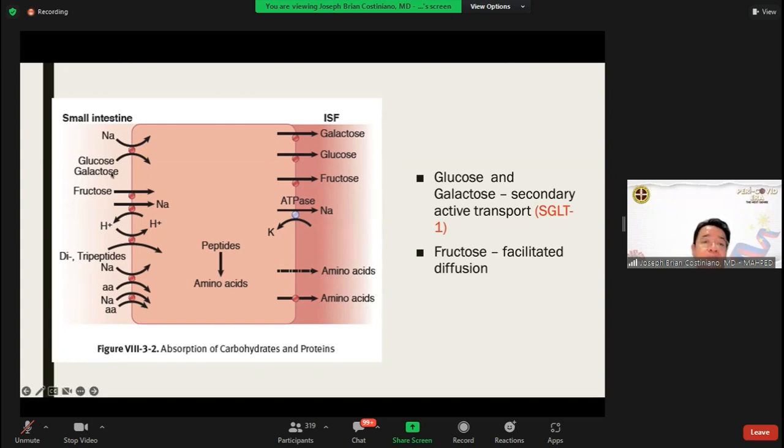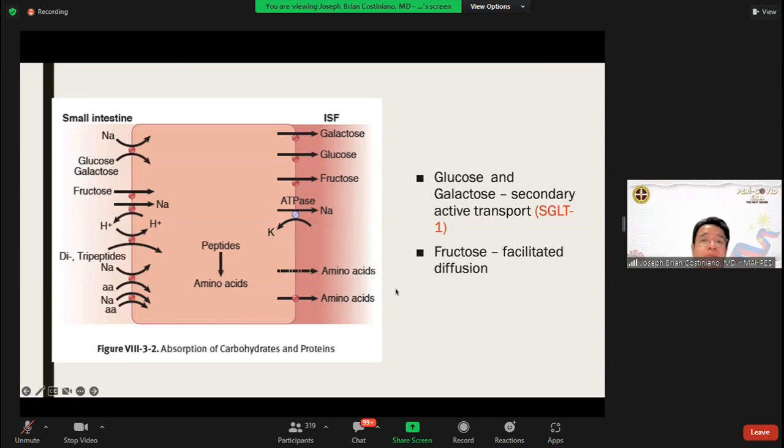So your glucose here, secondary active transport, and then from the cell going outwards into your interstitial fluid, it's just simple facilitated diffusion. Meanwhile, your amino acids can either be through facilitated diffusion or through membrane proteins, and then outwards going into your interstitial fluid, it could be through simple or facilitated diffusion.